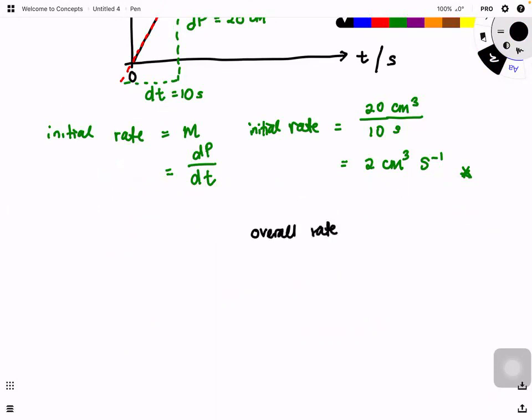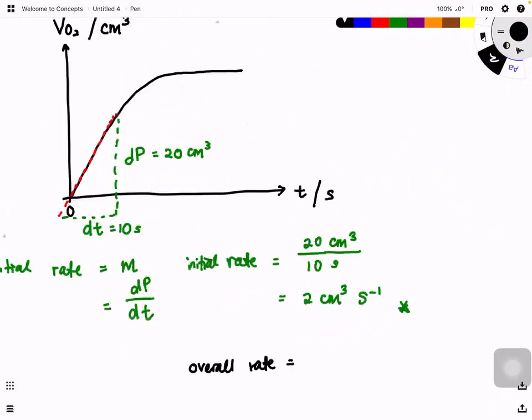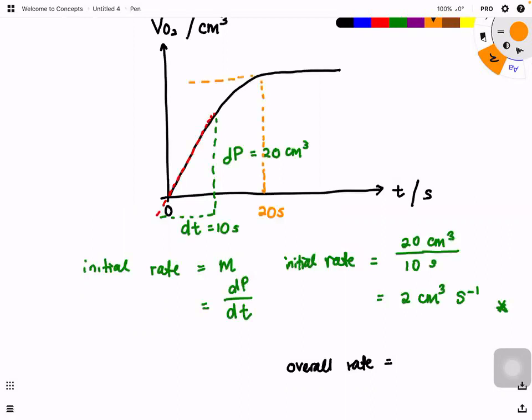If I want to know what is the overall rate of reactions, then what we're going to do here is we check where is the point where you get a plateau. Let's say, for example, here, 20 seconds, and then here, let's say 30. I just make up this value.